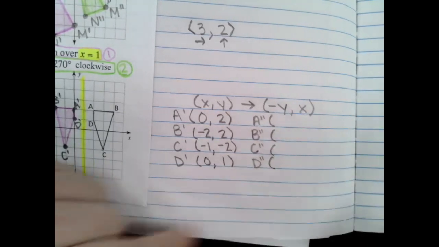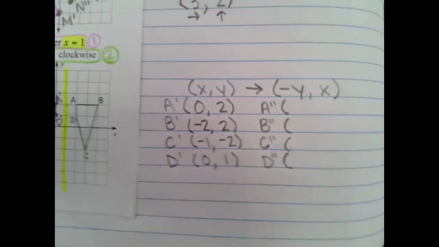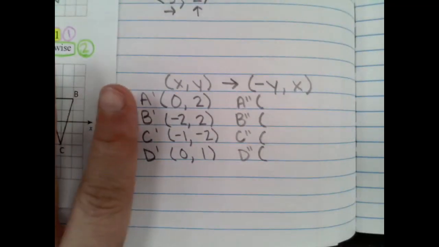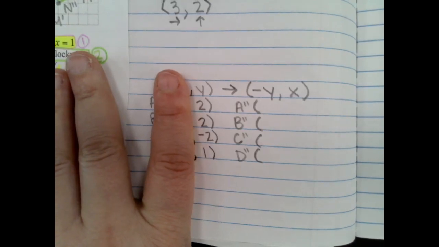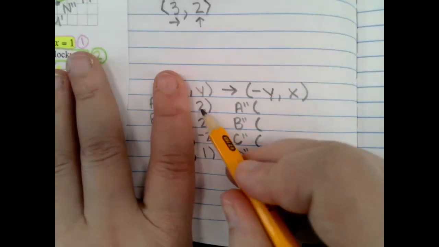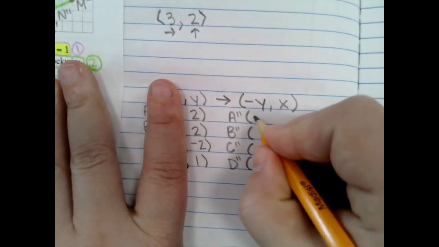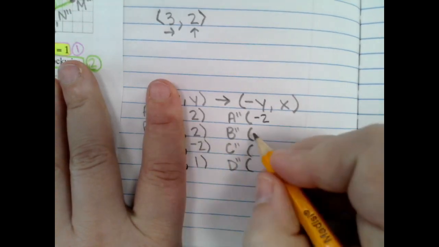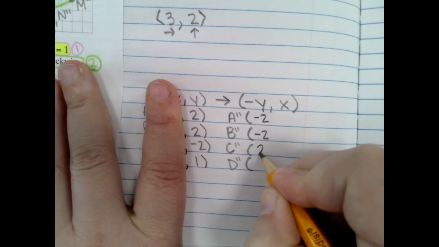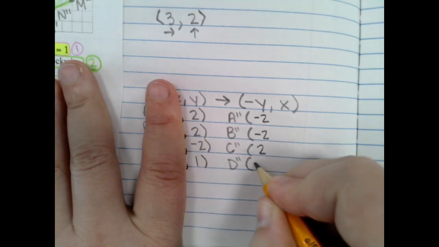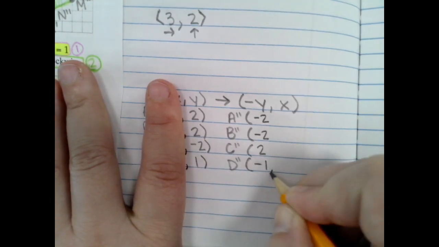I like to start with that opposite Y first, and do it with all of them, because then I can cover up my X's and take these Y's and do opposite. So what's opposite of 2? Negative 2. Opposite of 2? Negative 2. Opposite of negative 2? 2. Opposite of 1? Negative 1.